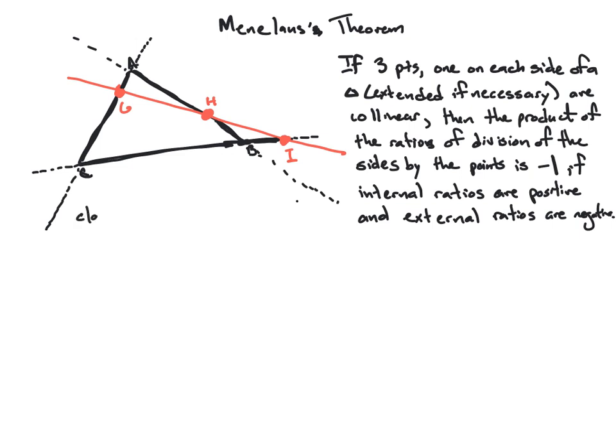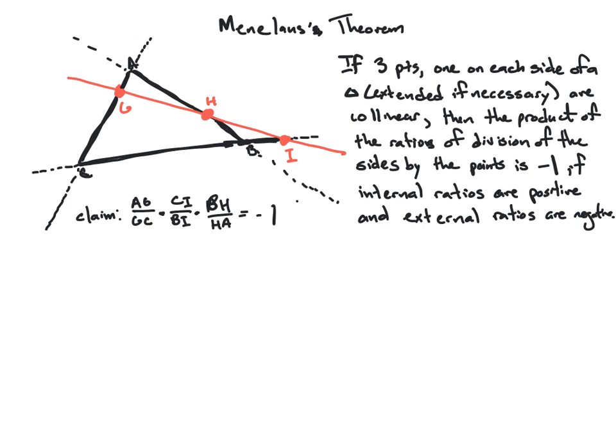Our claim here is that if I take AG over GC times CI over BI, that would be the negative one, times BH over HA, that's going to equal -1.